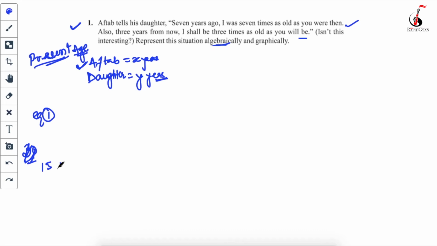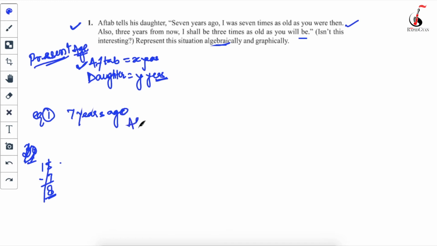So 7 years ago, what would your age be? You simply do 15 minus 7, which means 7 years ago you were 8 years old, correct?